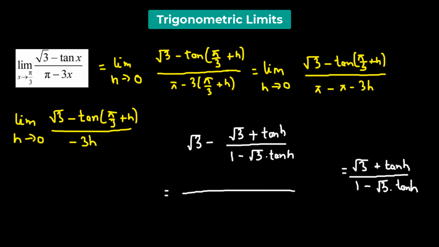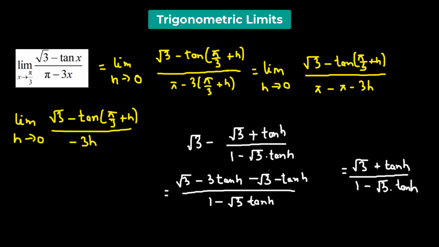So that is going to give us 1 minus square root of 3 times the tangent of h. Square root of 3 multiplied by 1 minus square root of 3 tangent h will be square root of 3 minus 3 times tangent of h, minus square root of 3 minus tangent of h.